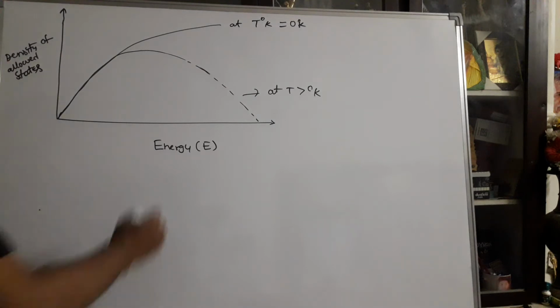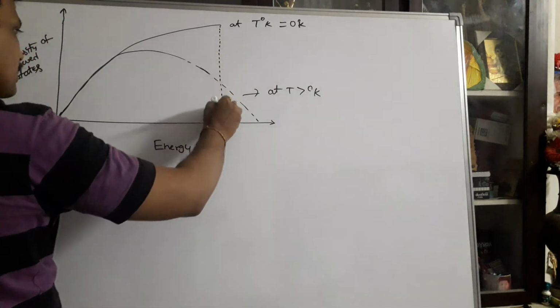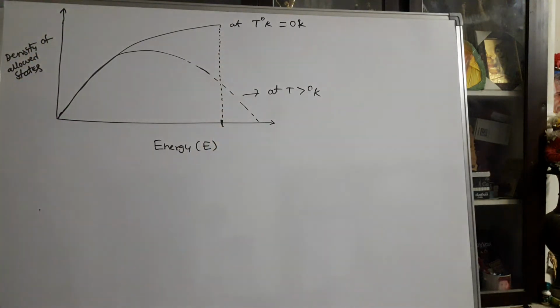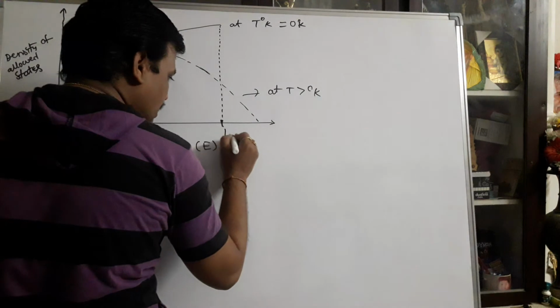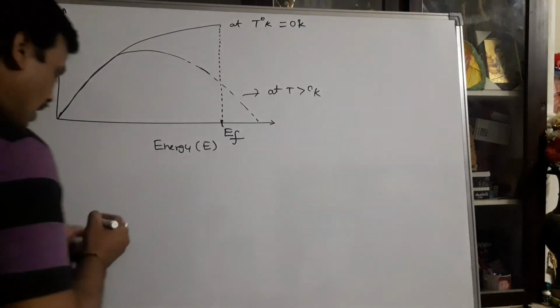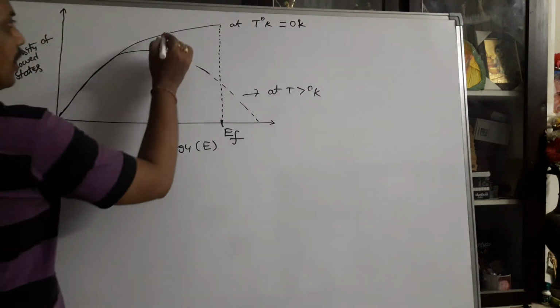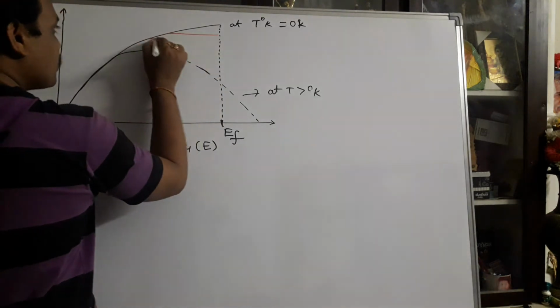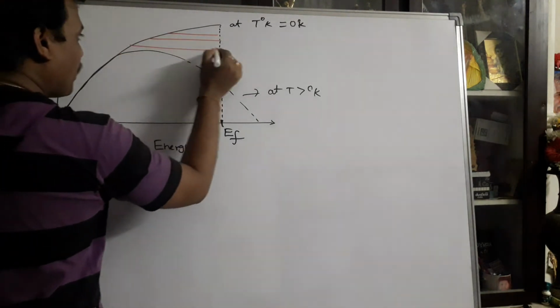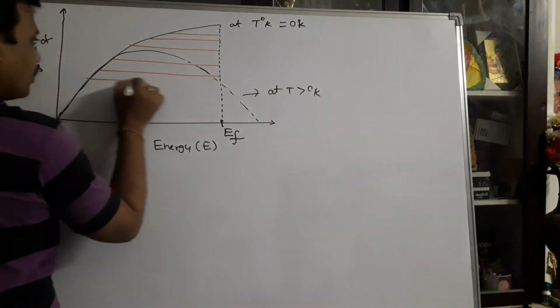At 0 Kelvin, you can draw a vertical line like this. This particular energy is called the Fermi energy level. Up to this energy level, all energy states are occupied with respect to the given number of electrons.